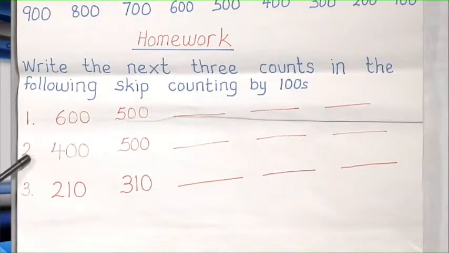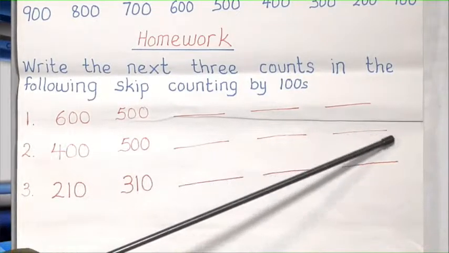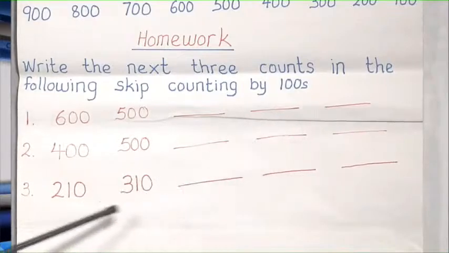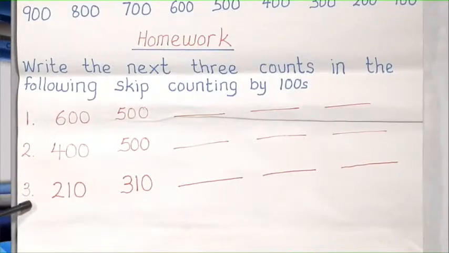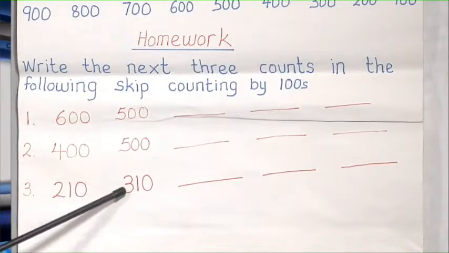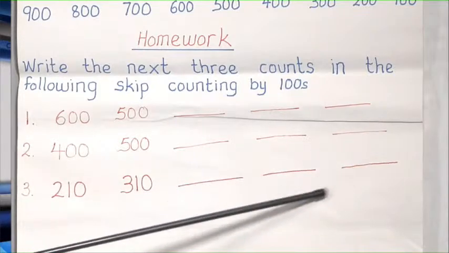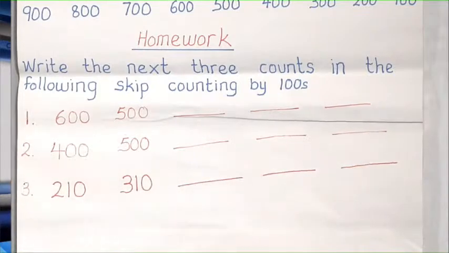When we come to number 2, we have 400 and then 500. So you will tell me the numbers here. Then when you come to number 3, we have 210. Then the next one was 310. So you will tell me the answers there.